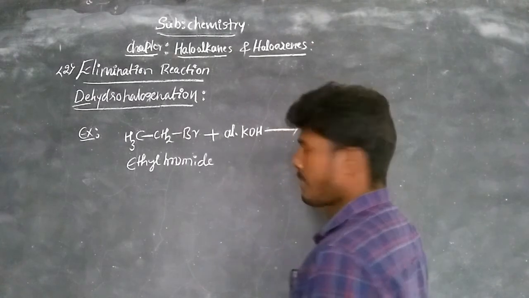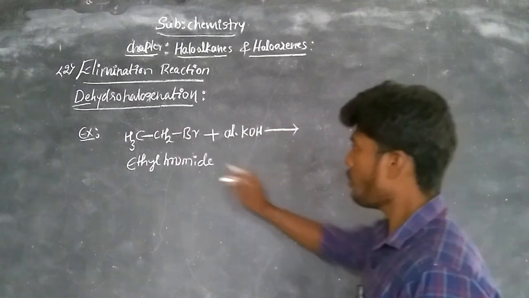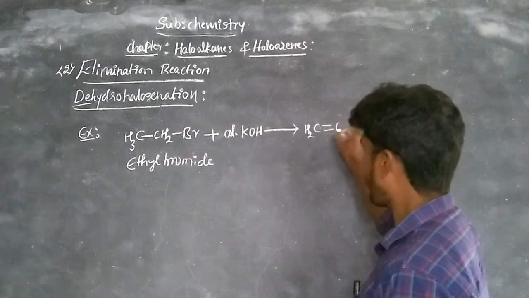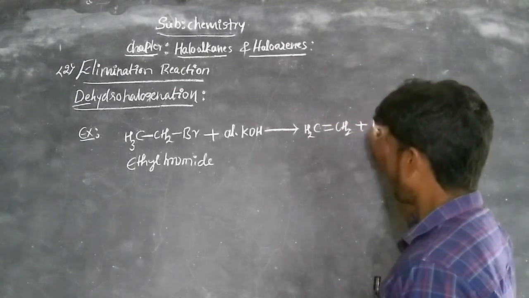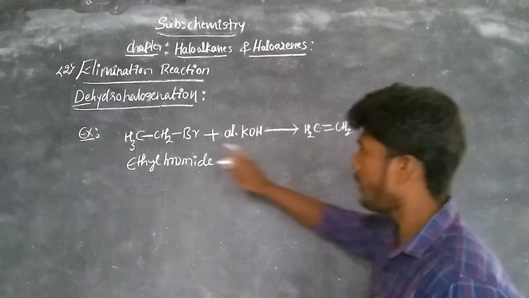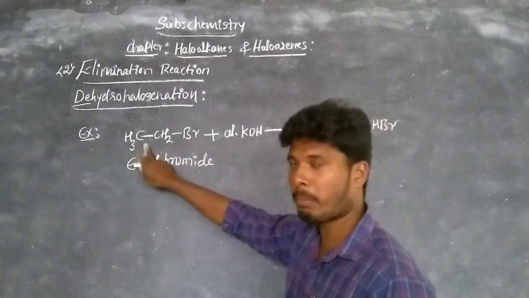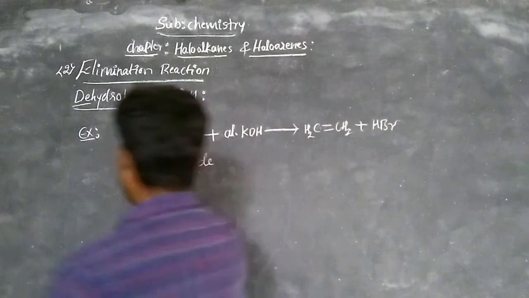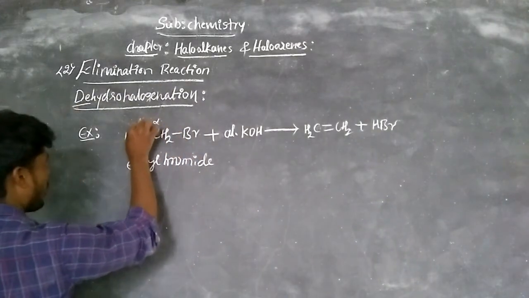KOH is a base. It gives an alkene, that is CH2=CH2 plus HBr. Here bromine and hydrogen from the beta carbon are eliminated. This is called the alpha carbon and this is the beta carbon.